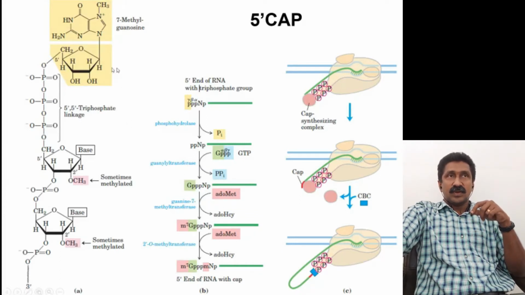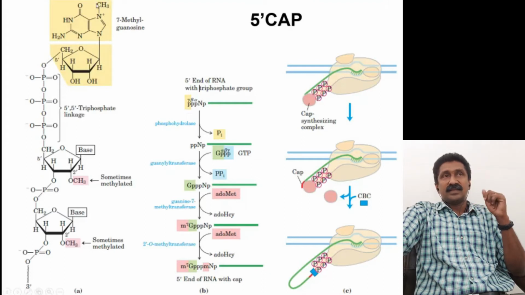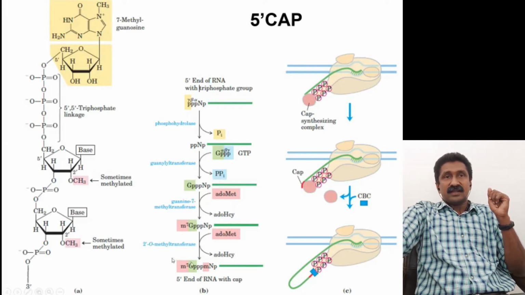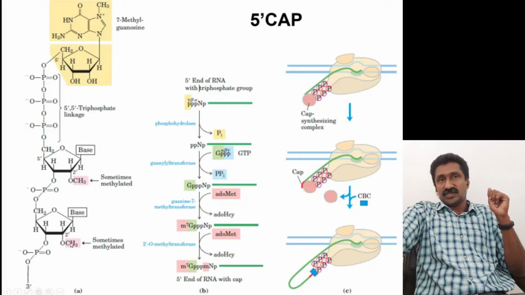That is the guanyl residue which is added here. Then AdoMet, that is a guanyl 7-methyl transferase enzyme, will add a CH3 group at the 7th position of the guanine residue that is added, and then there are additional methylations which are done at these 2 positions.